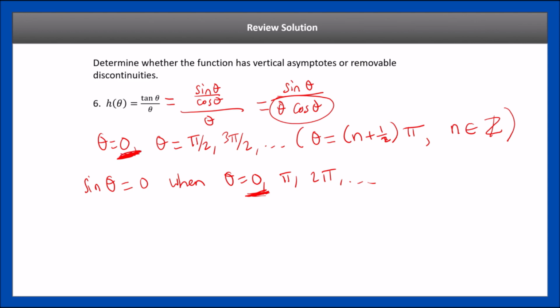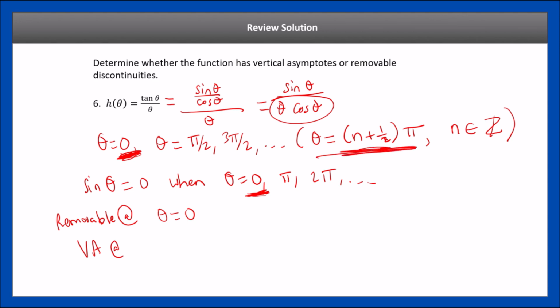Numerator and denominator cannot both be 0 for vertical asymptotes. So here we have a removable discontinuity at theta equals 0, because that's when the numerator and denominator are both 0.